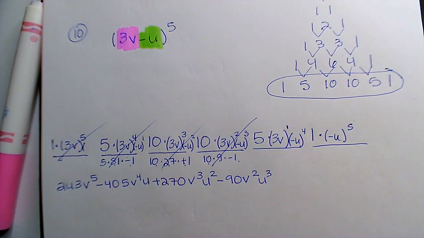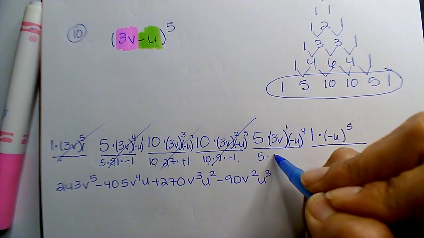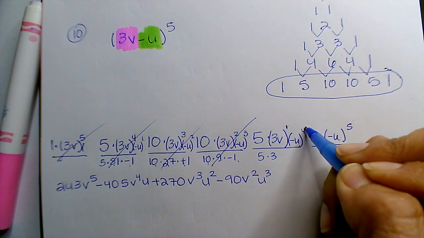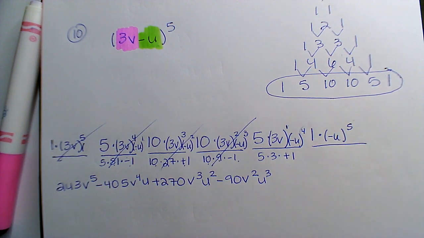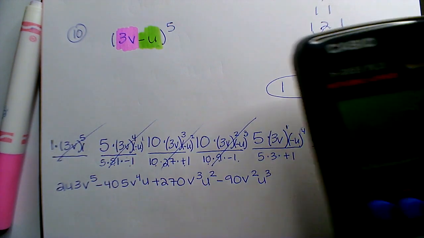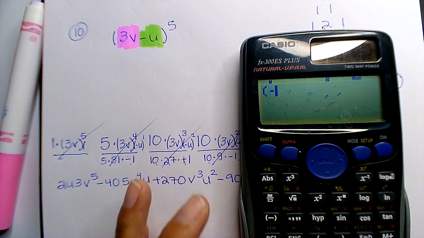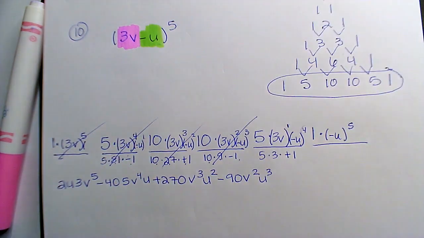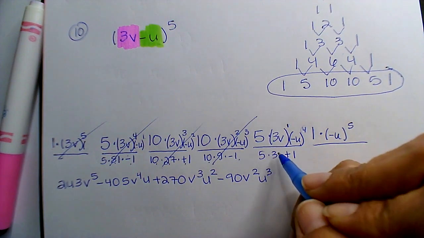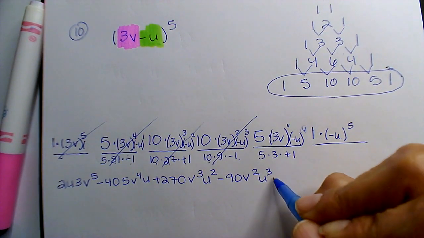And so now you have 5, 3 to the 1 is 3, and negative 1 to the 4th power is positive 1, since it's even. So what's 5 times 3 times 1? 15.